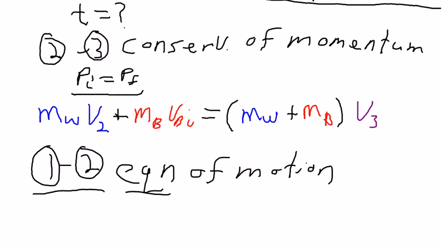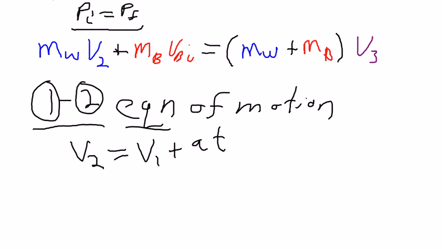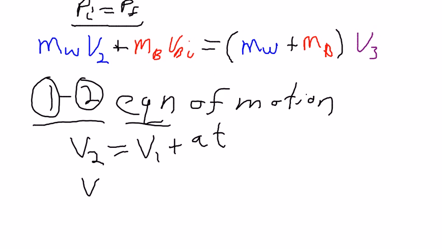The final velocity, in this case v2, is equal to its initial velocity, v1, plus acceleration multiplied by time. Since v1 is 0, v2 is just going to be equal to negative g times time. And it makes sense that it's negative since it is moving in the downward direction.